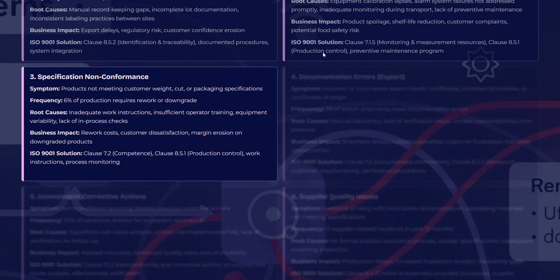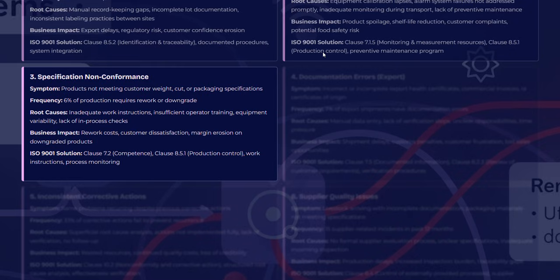Now, third problem, specifications non-conformance. The symptom right now is products not meeting customers' weight, cut, or packing specifications. How many times did it happen during these 12 months? 6% of production requires rework or downgrade.